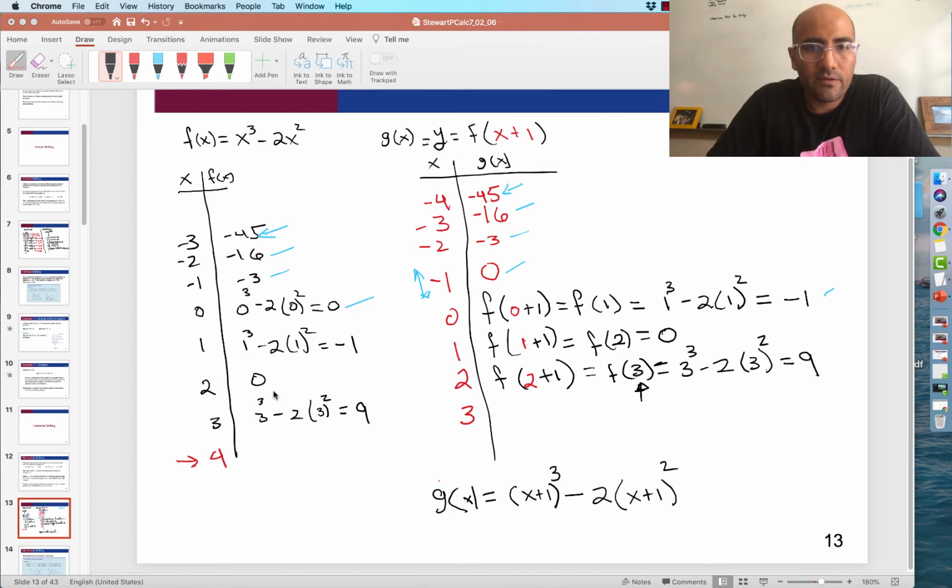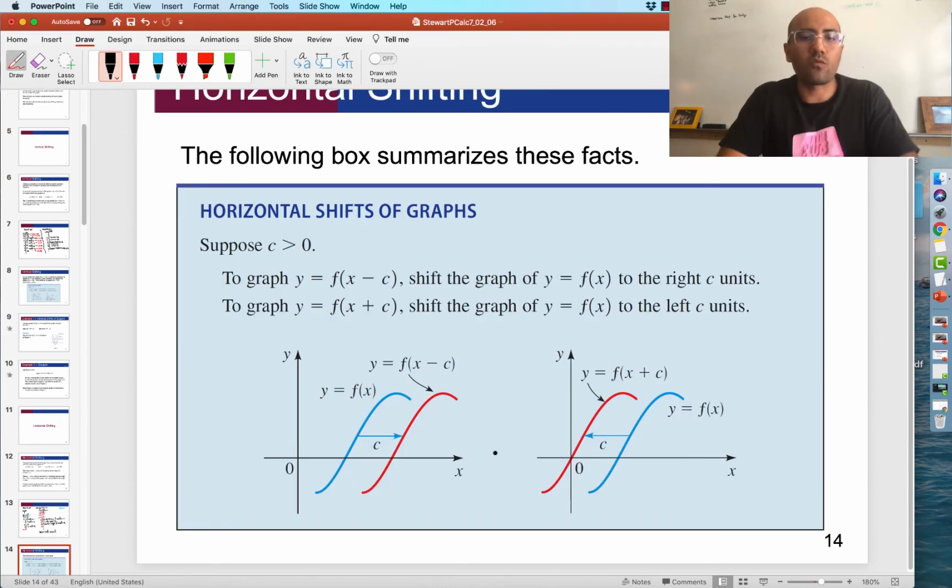Okay. Back to this guy then. So the general rule says that if we have some function f of x and we're adding or subtracting a constant inside the argument of the function, then we're going to be shifting the function left and right, depending on whether we're adding or subtracting. And it's a little counterintuitive.